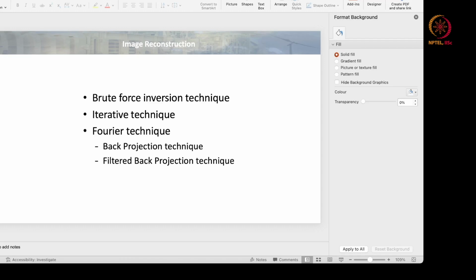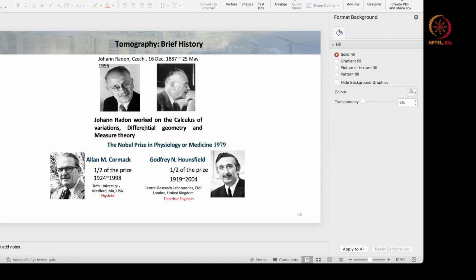In the case of axisymmetric flows, this becomes a little bit easier, but in the case of highly 3D flows, it is a little bit more complicated than that. The main person in the brief history of tomography was Johann Radon, who worked on the calculus of variations, differential geometry and measure theory.